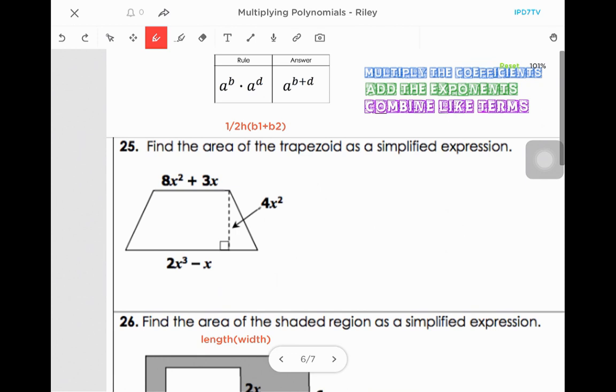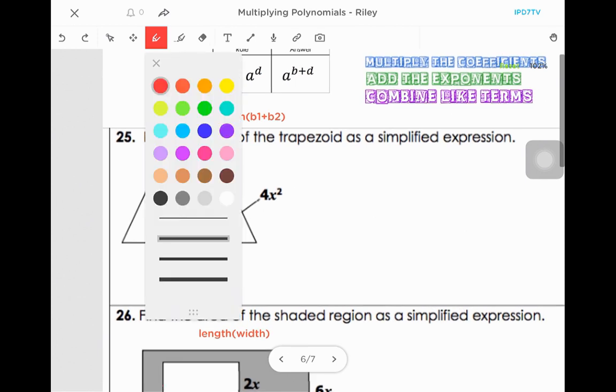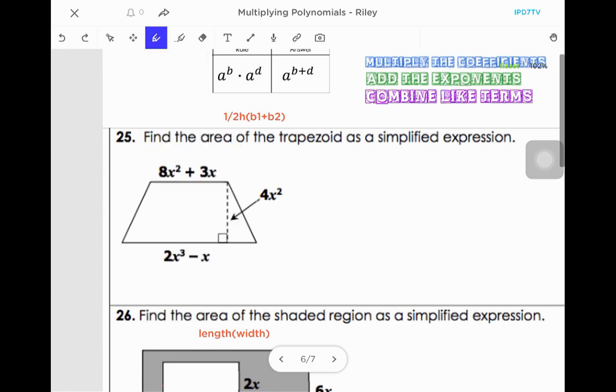Let me show you what this looks like. So you have half. Let's pick blue. So you take half of your height, and then you multiply that by your first base plus your second base.